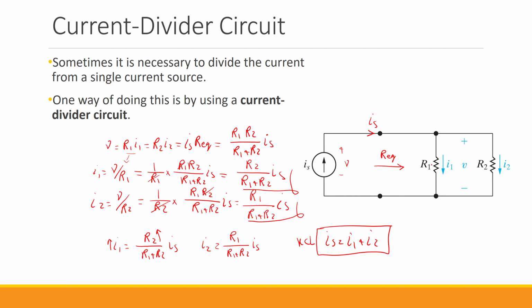On the other hand, when R1 is smaller than R2, this path has less resistance to current, so that makes it have more current. Think of these as two lines of water, two water paths. Having a lower resistance means that the path is wider. So less resistance, more current.